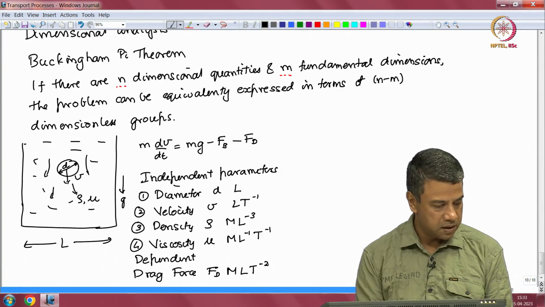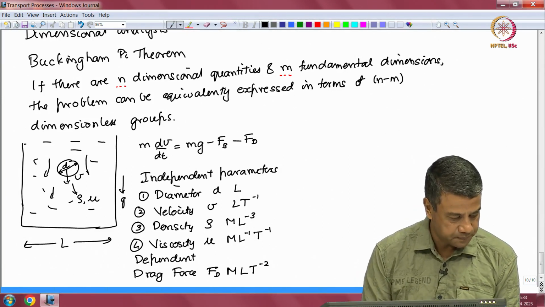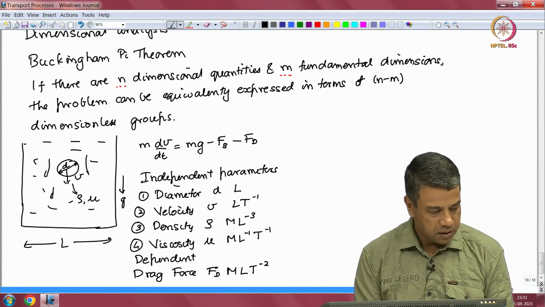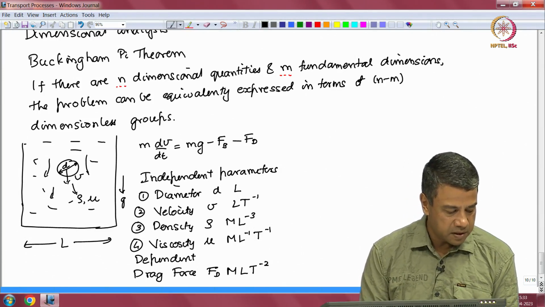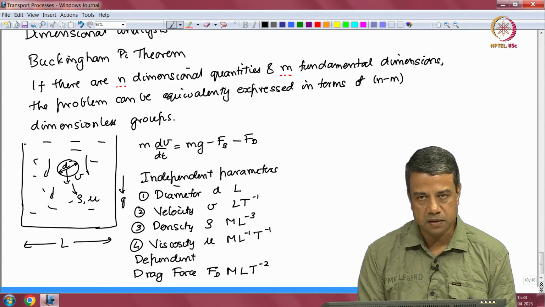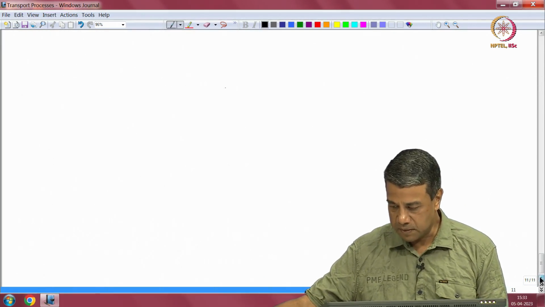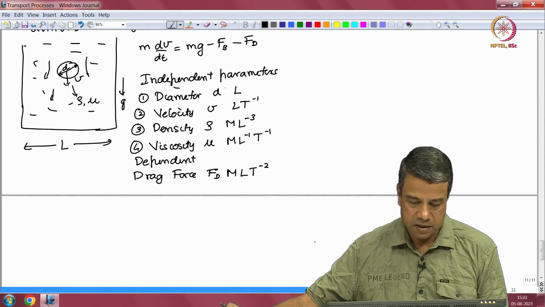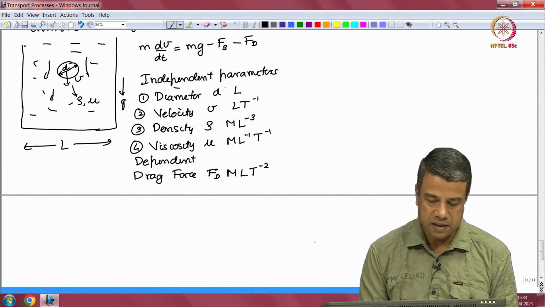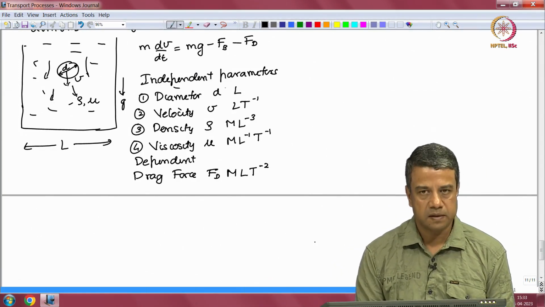So, that is the dependent quantity. Now, I have to get independent dimensionless groups and dependent dimensionless groups. I have to non-dimensionalize the force by some combination of density, viscosity, velocity and diameter.